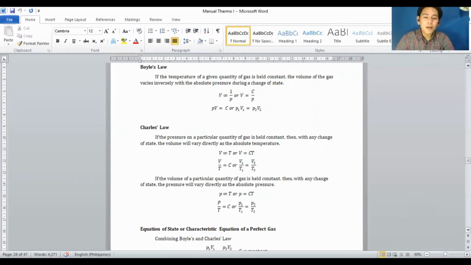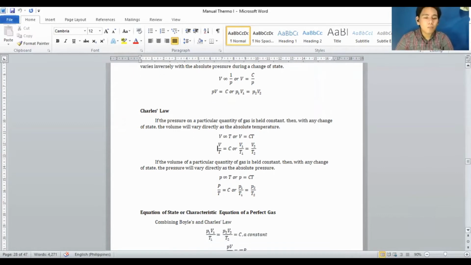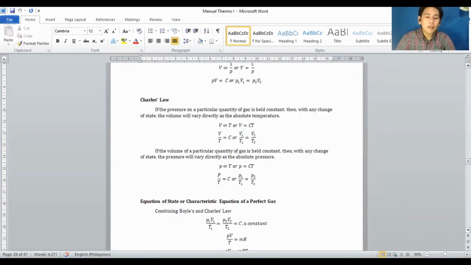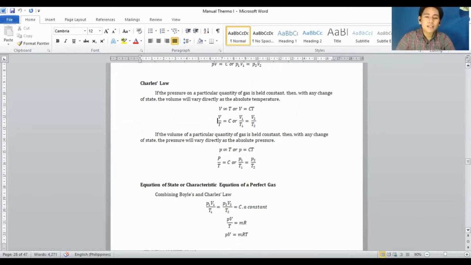For better understanding, we combine Charles' law and Boyle's law into this equation of state, or characteristic equation of the perfect gas. The combination of Charles' law and Boyle's law is your perfect gas.